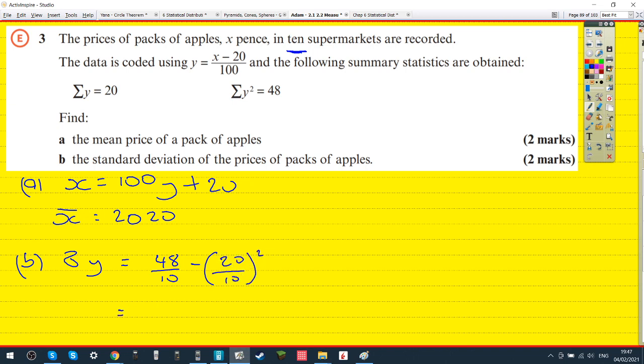What is that? 0.8, or 4 over 5. So that's delta y, and we want delta x.